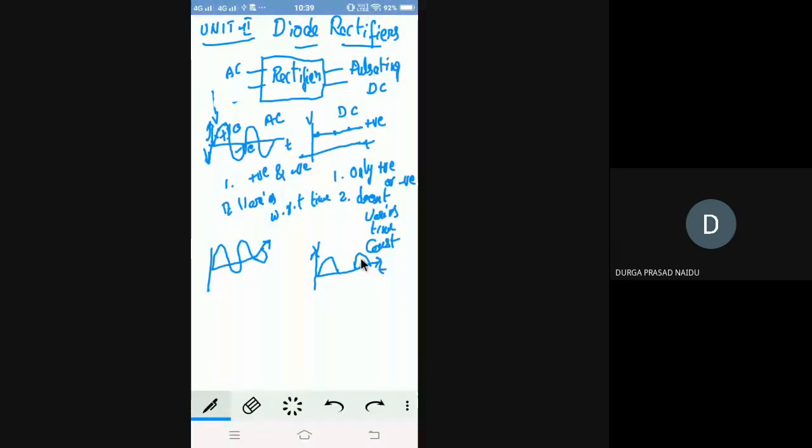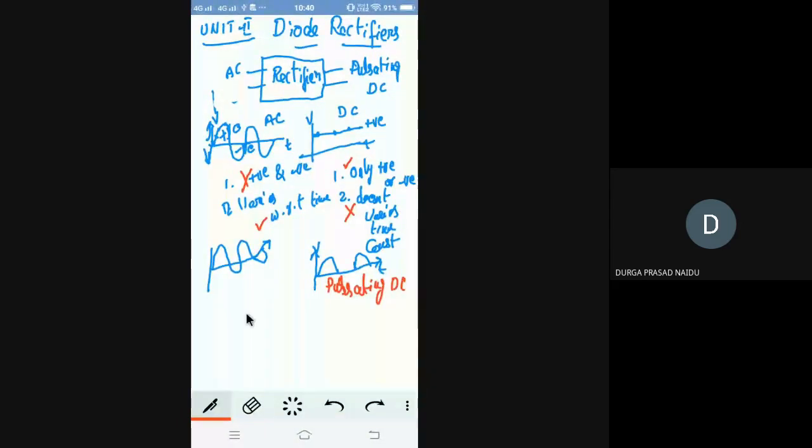It doesn't have both positive and negative values, but it varies with time. It has only positive values, but it is not constant. So it has qualities of both AC and DC signals. That's why it is called pulsating DC.